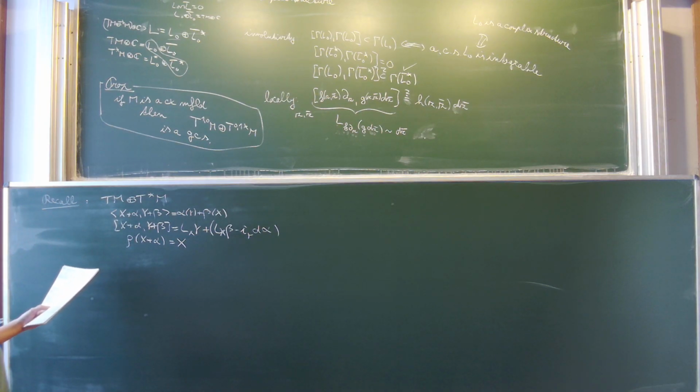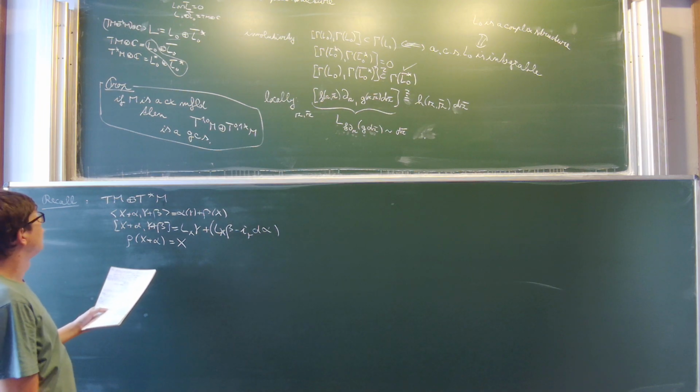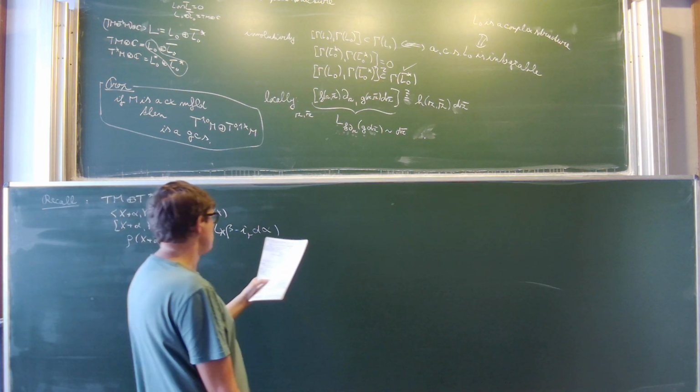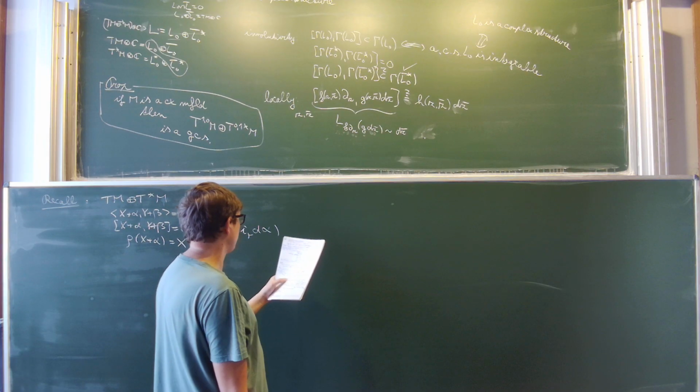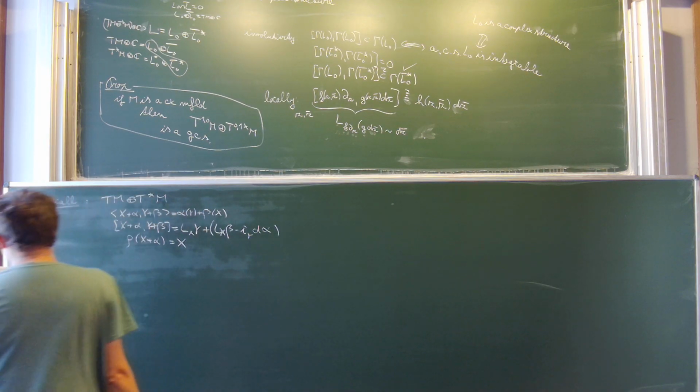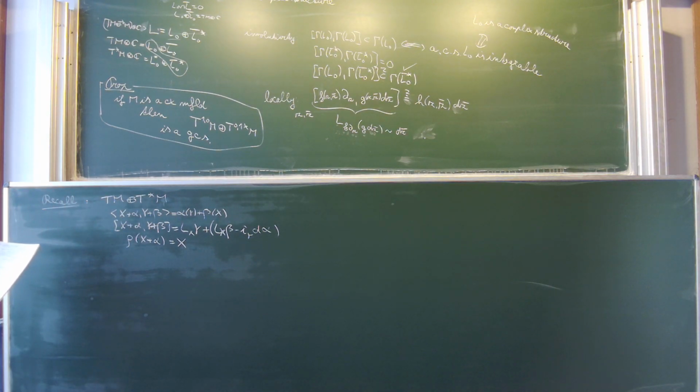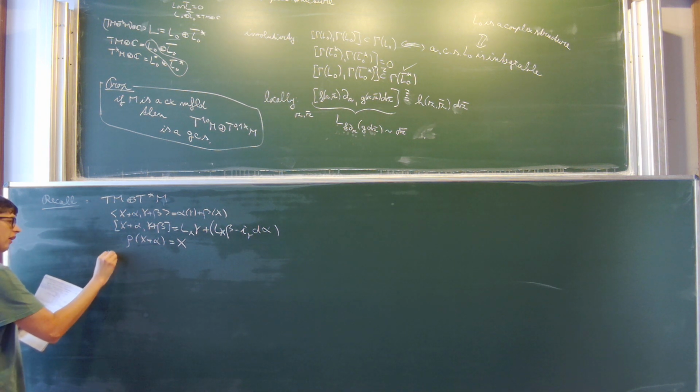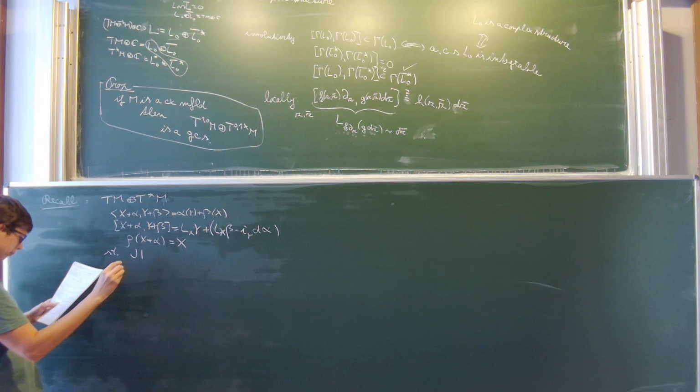We saw that this was satisfying some bunch of axioms, such that there was the Jacobi identity.